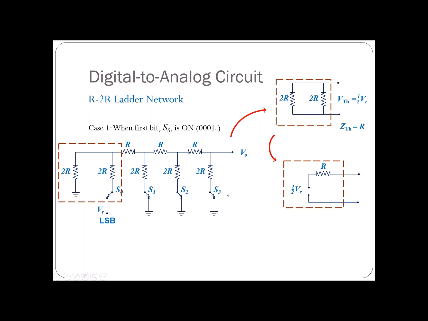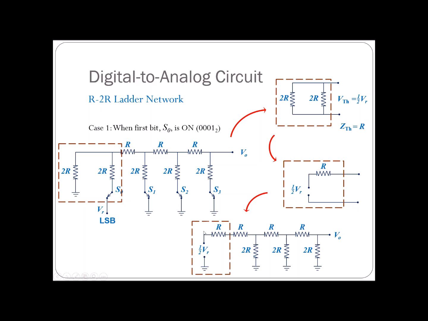Then I can redraw this circuit by replacing this red box with this Thevenin circuit. It becomes like this, where this part is the Thevenin circuit. Let's move on to analyze this equivalent.